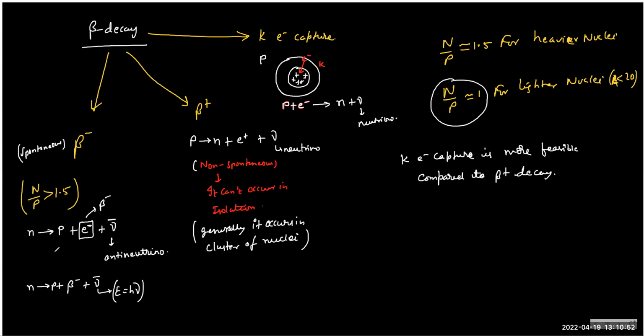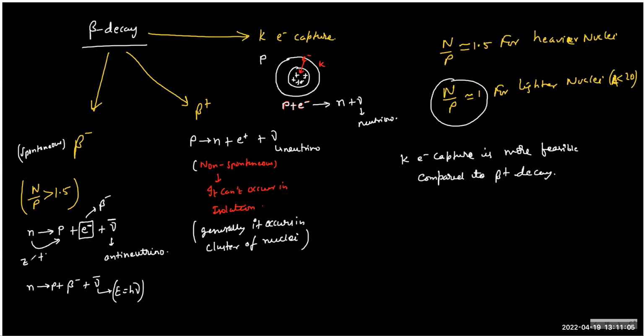Beta minus. So you can always start with A X Z. If it undergoes beta minus decay, what is happening? Just look at this. You're converting a neutron into a proton. So the number of nucleons will be conserved, but the increase of protons will increase the atomic number.